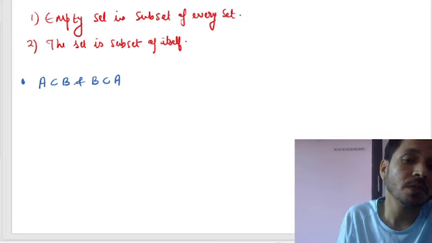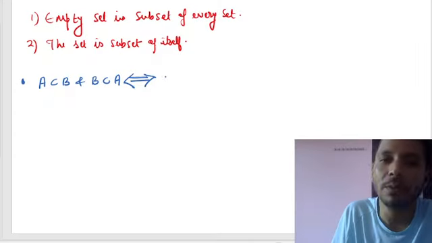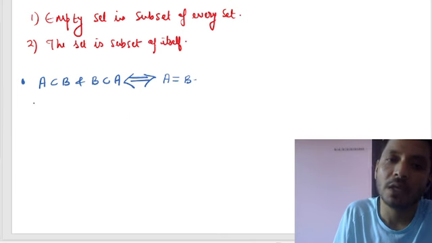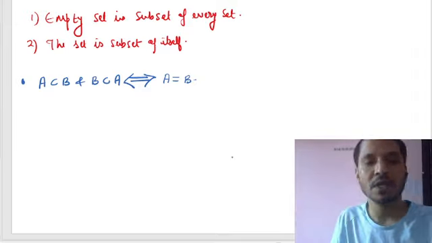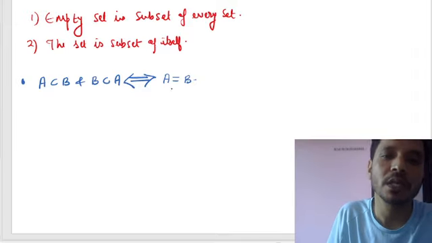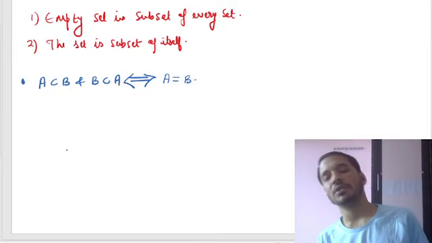Yes, this will be possible only in one case: if and only if, this is the symbol for if and only if, the double-sided arrow, A is equal to B. Only if A is equal to B can we say A is a subset of B and B is a subset of A. Both should be the same set.